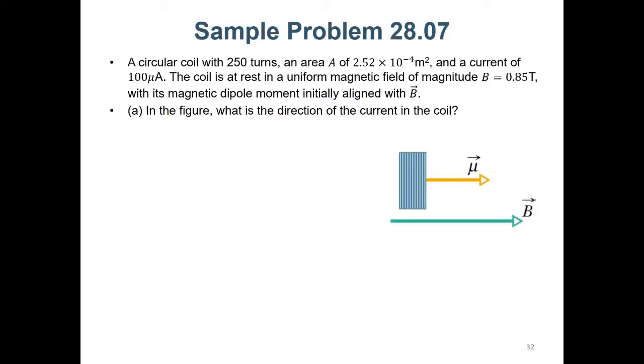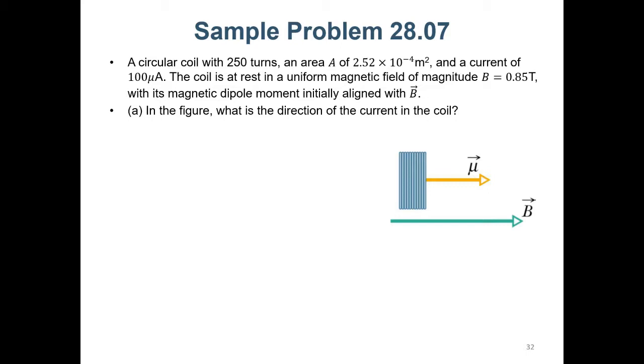So here we have another example. For part A, a circular coil with 250 turns and area A and current of 100 μA. The coil is at rest and in a uniform magnetic field B, with its magnetic dipole moment initially aligned with B. So B and mu are in the same direction initially.